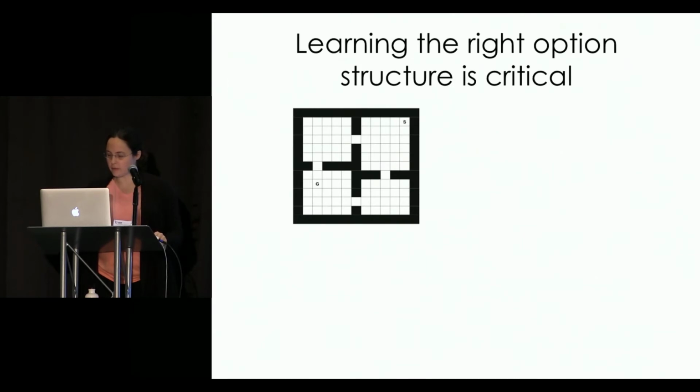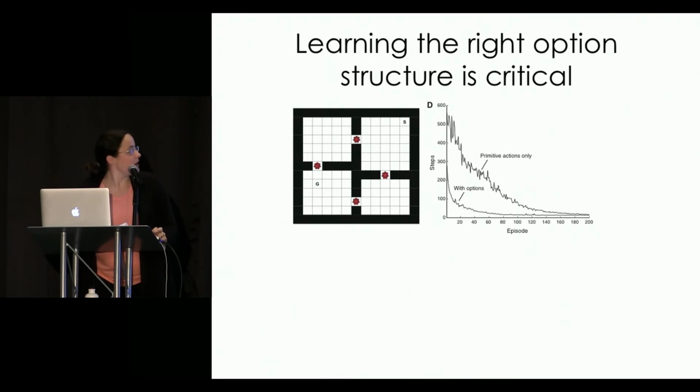So, for example, if you pick options with those 4 goals here, in this case, so the doors between the rooms, the simulations show that the agent is going to be able to learn much faster to reach their goal. So here this curve is with options, and this one is just with the primitive actions.